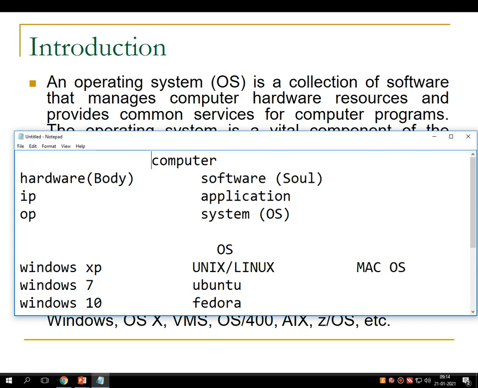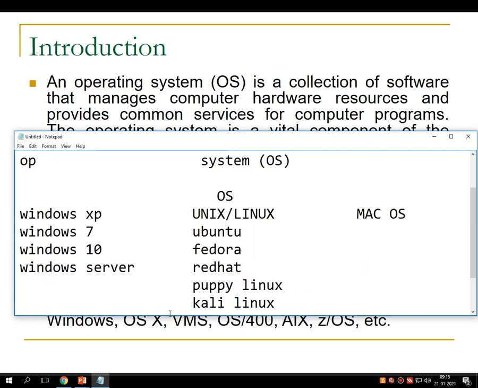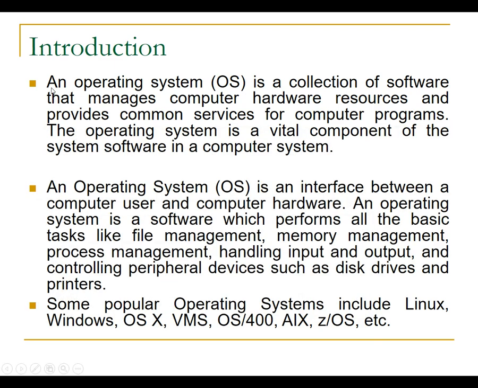If you have only the body, it is useless. If you have only the soul, that is software, even that is useless. Both work together for the computer system. Now, this is a very basic discussion of operating systems.